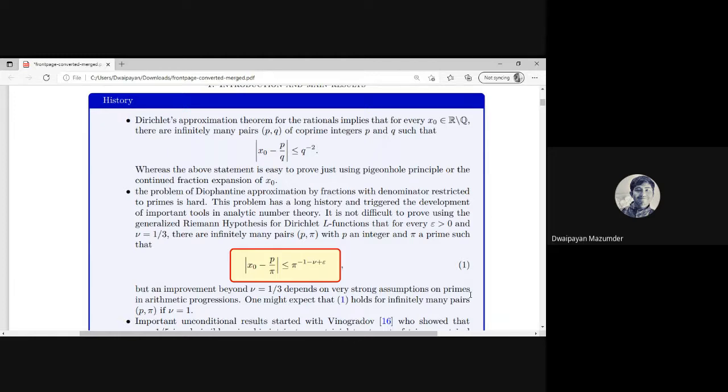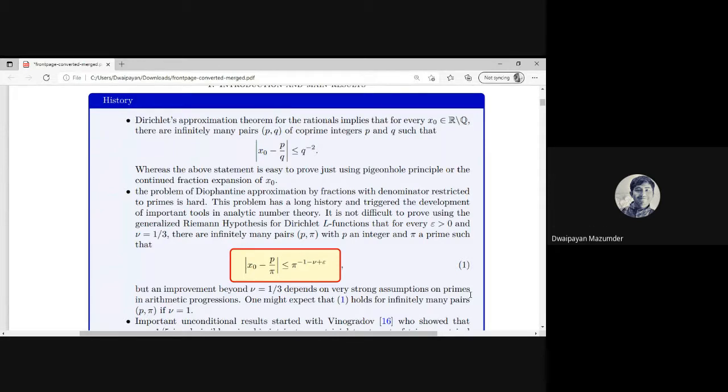It says that if you take an irrational number, then there are infinitely many pairs p/q, which are coprime integers, such that the distance from the chosen point x0 to the rational number, |x0 - p/q|, is less than or equal to 1/q^2.